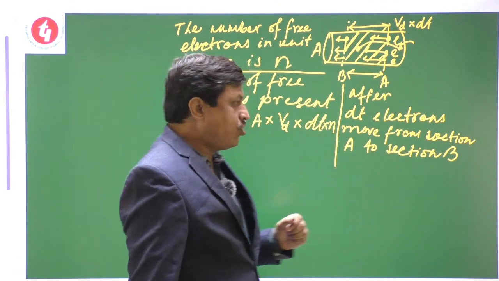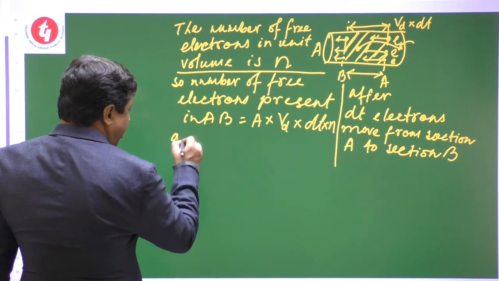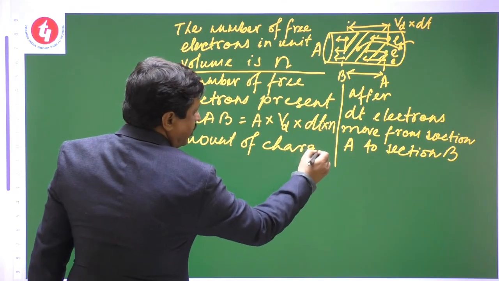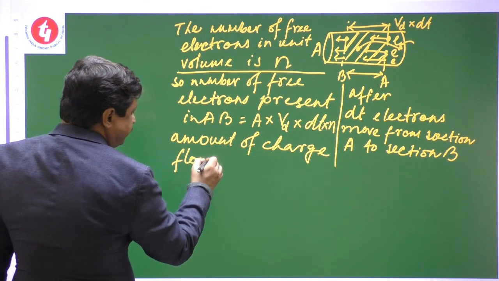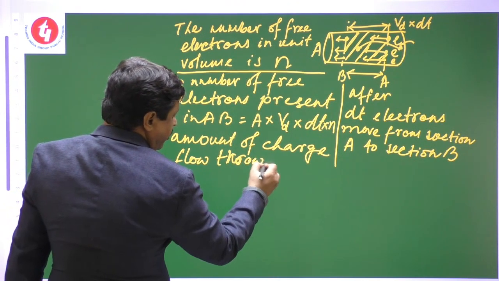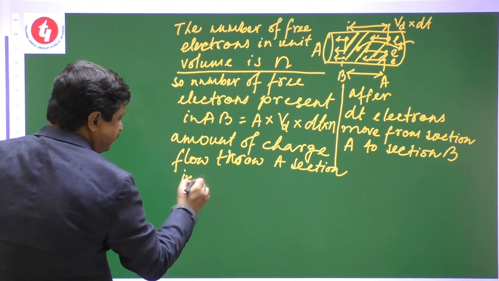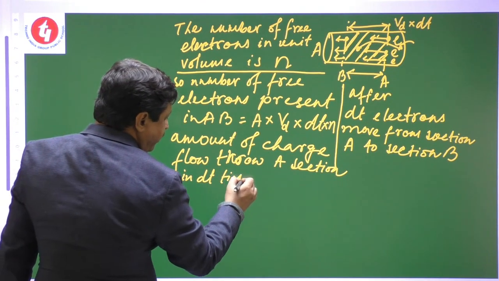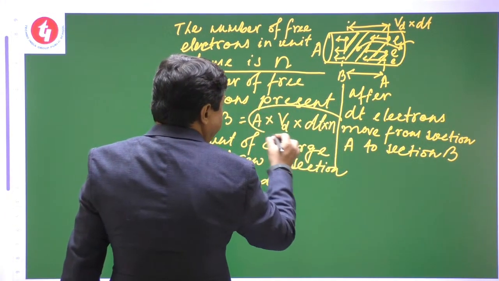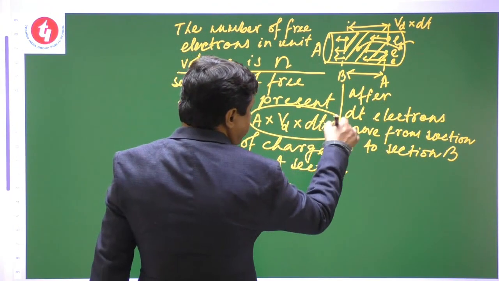All the electrons cross section A in dt time. So the amount of charge flowing through the A section in dt time will be dq equals the number of electrons crossing the section, into e.